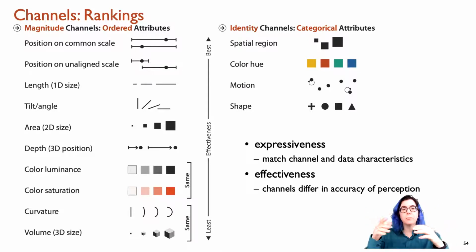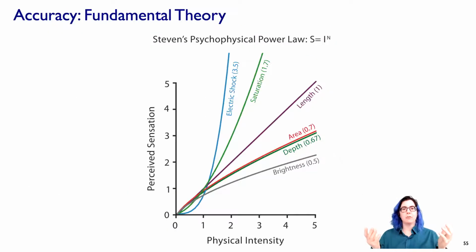So spatial region, position along a common scale or aligned position, those are the most accurate and effectively perceived ones. And then things go down from there. So effectiveness is something we can think about. Now, you might ask, how do we know? What data do we have underlying this judgment of effectiveness? There's been a lot of work in what's called psychophysics, the measurement of how humans respond to perceptual stimuli, over many, many decades, starting at the beginning of the 20th century.